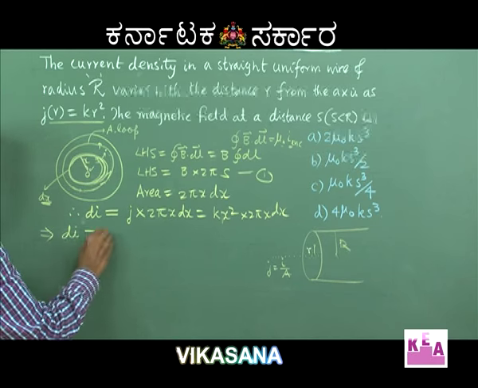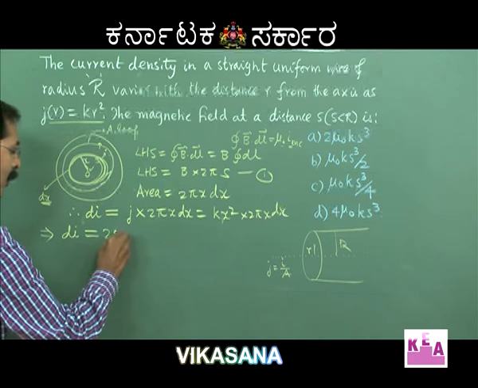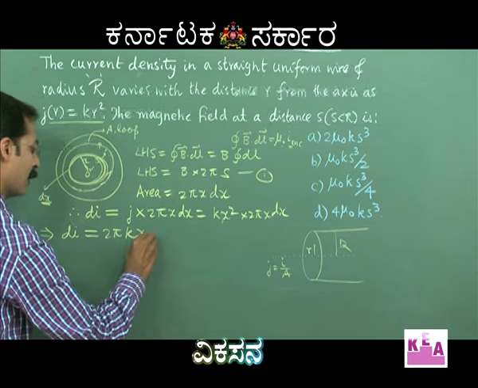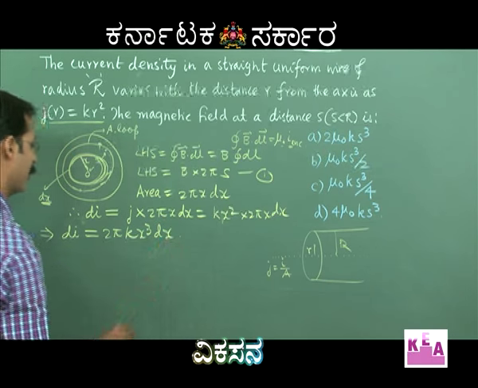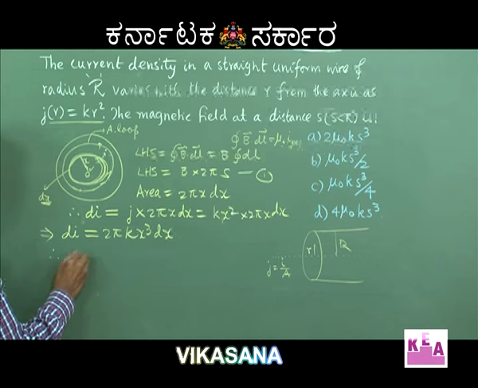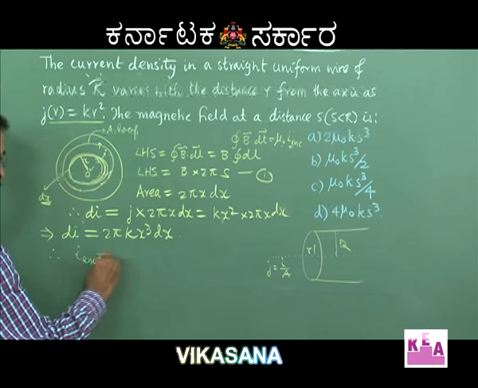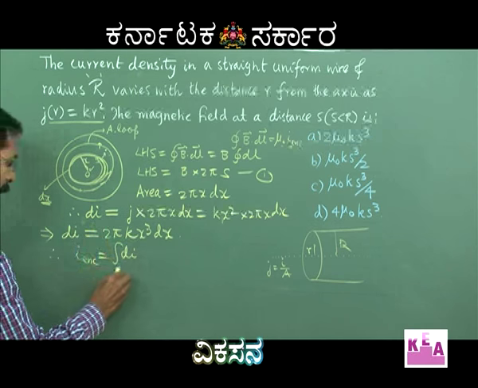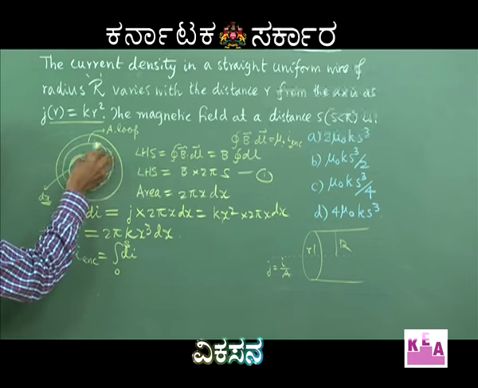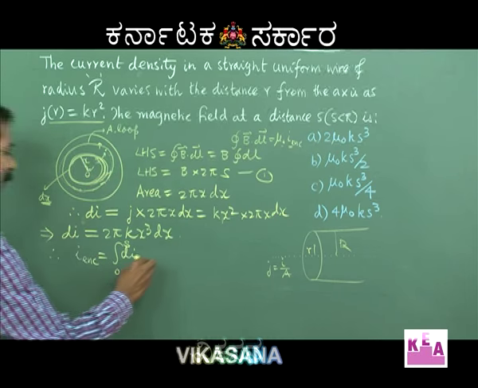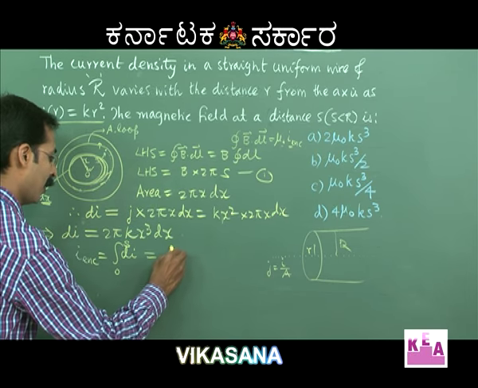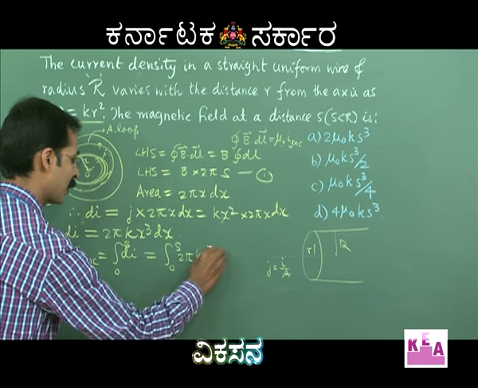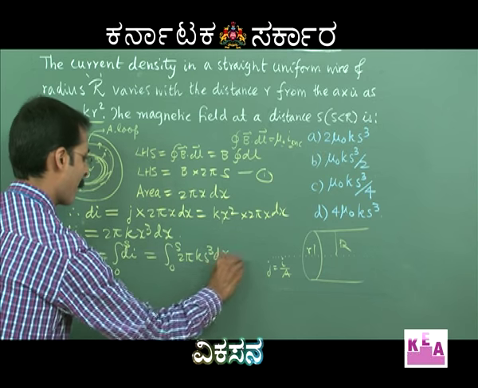That implies di is equal to 2 pi k x square into x, that is x cube dx. Therefore, current enclosed would be the integral of di, where x runs from 0 to s, because this is the first patch and this would be the last patch. That is equal to the integral from 0 to s of 2 pi k x cube dx.